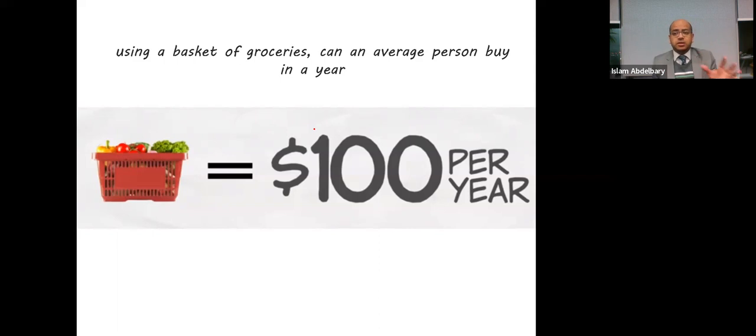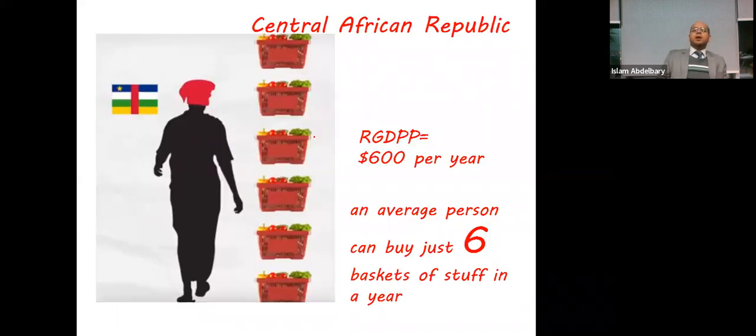And this price is fixed across countries. So the basket in the US equals 100, in Mexico 100, in Central Africa 100, in Egypt 100, and everywhere, because it is based on purchasing power parity, as we will explain later. But let's now assume that the price is fixed, 100. So the people who live in Central Africa, who have 600 as an average income, will be able to buy 6 baskets because they have just 600.